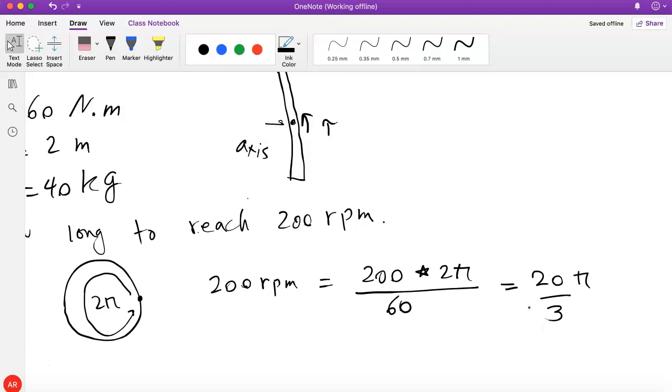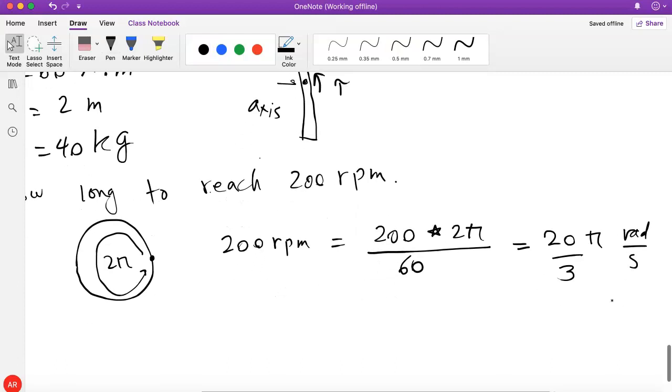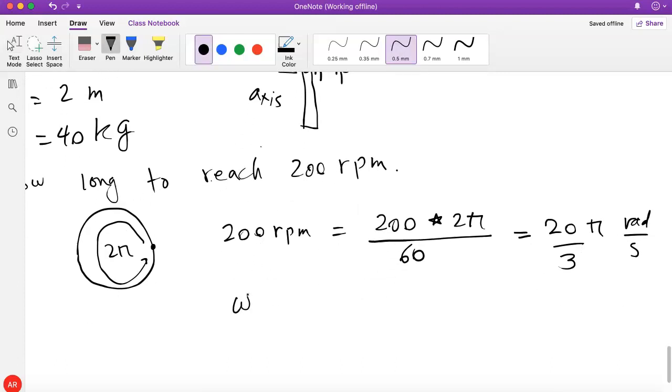Yeah, that seems right. And that's per second. So this is our omega, and in SI units, we can write it like that.